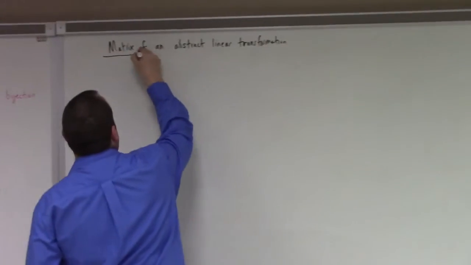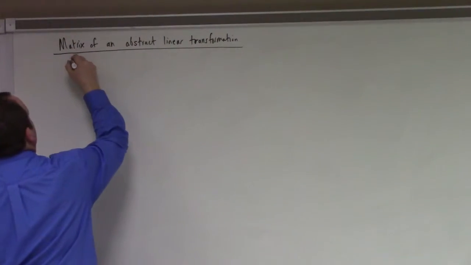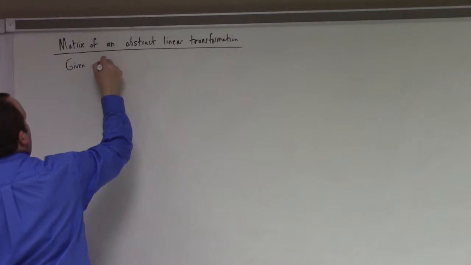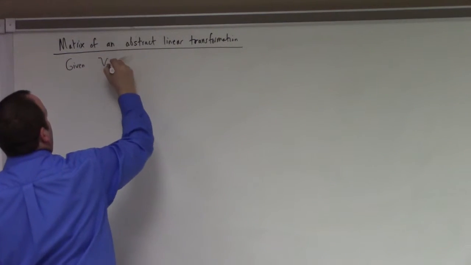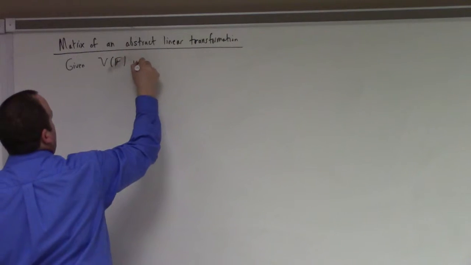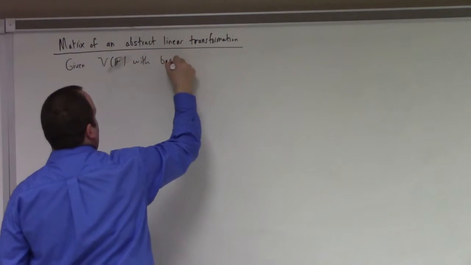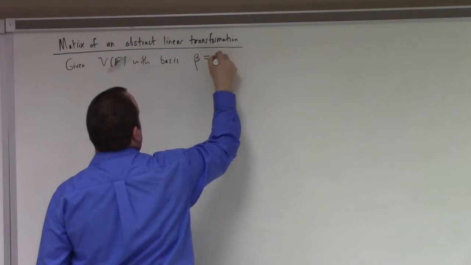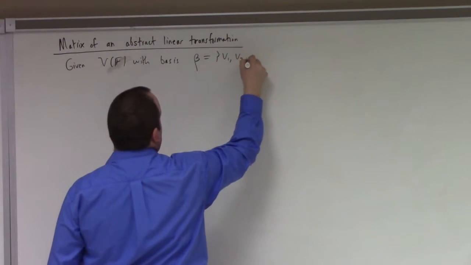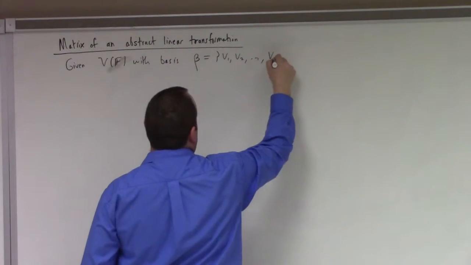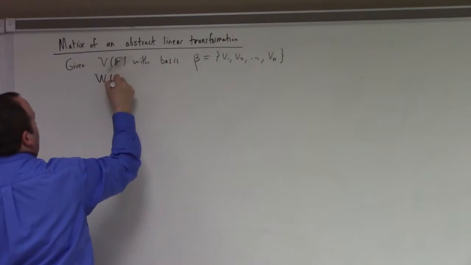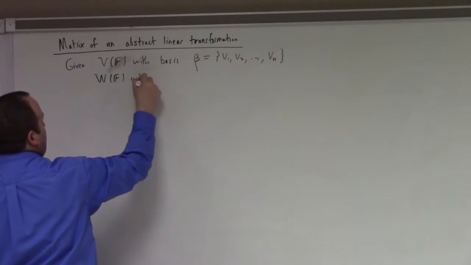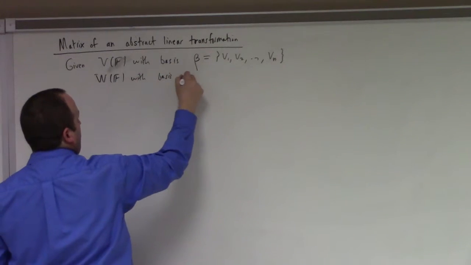All right, so here's the data that we have. We're given a vector space V over a field F with basis beta. Let's say that beta is V1, V2, through Vn. And we're also given a vector space W over a field F with basis gamma.